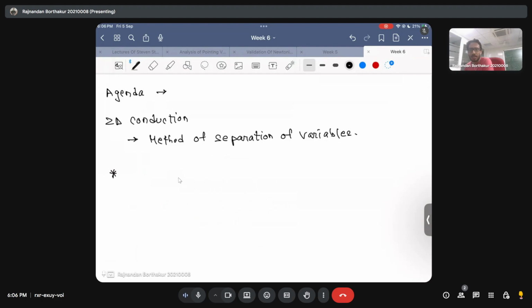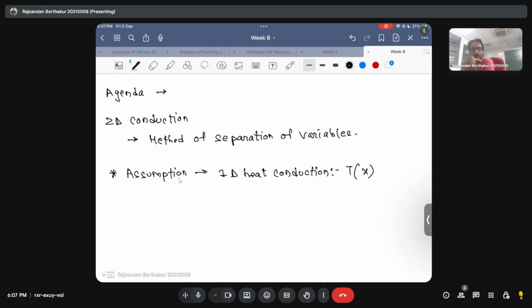So until this week, that is up to week 5, you were just exposed to heat conduction taking place in only one direction. The prime assumption that we used is 1D heat conduction, where we assume that our temperature profile is just a function of x only, where x is the direction in which we are looking to evaluate the variation in the temperature profile.